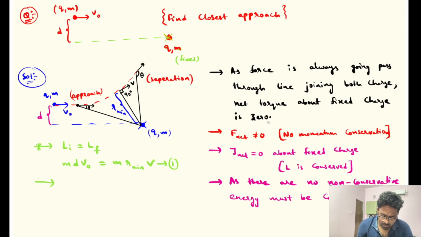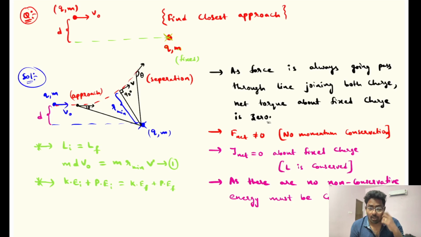Next, energy conservation. Initially they told it is at a very far distance. That means initial kinetic energy plus initial potential energy must be equal to final kinetic energy plus final potential energy. What is initial kinetic energy? Half m v naught square.